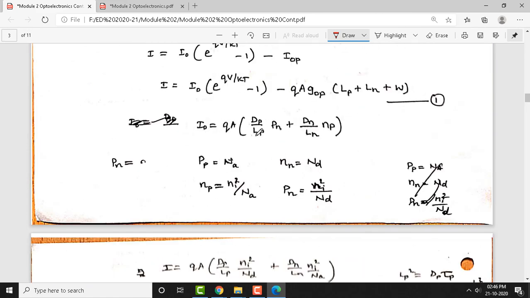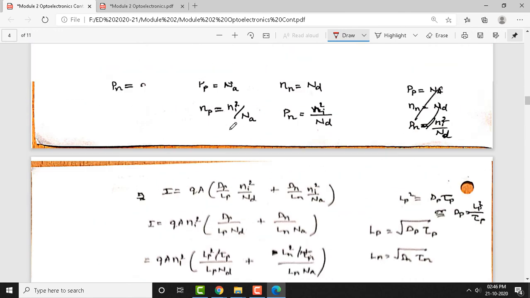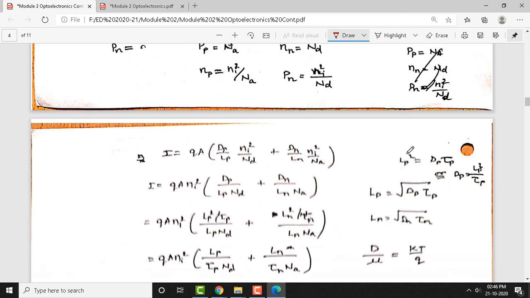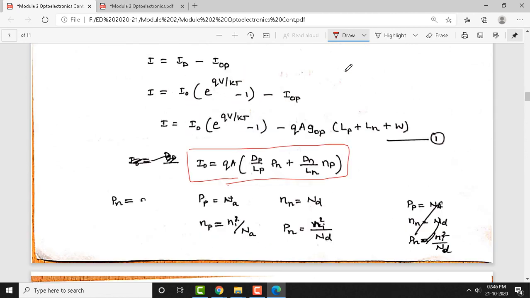This is the I naught equation, and you can see here I naught can be written in a different way using this Lp formula. This is the basic equation which you need to remember, the basic equation for reverse saturation current. Equation 1 represents the total current flowing in the illuminated p-n junction, and here I naught is given by this expression.